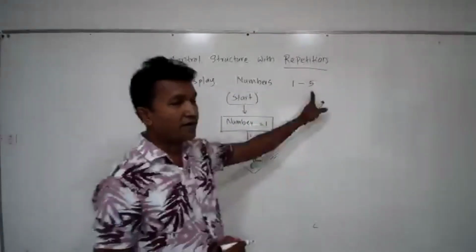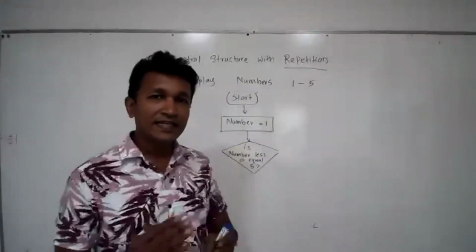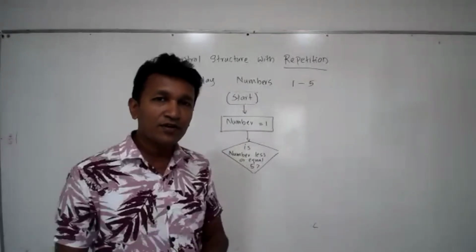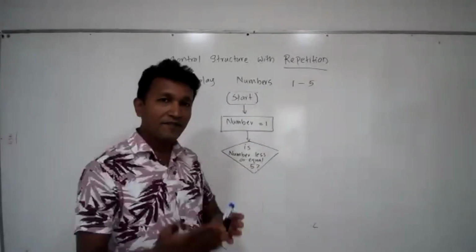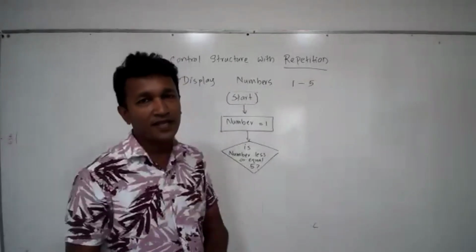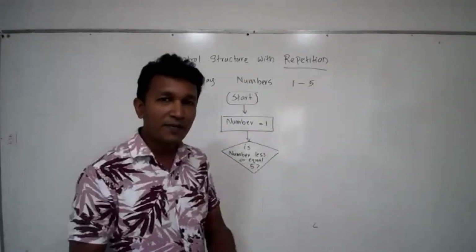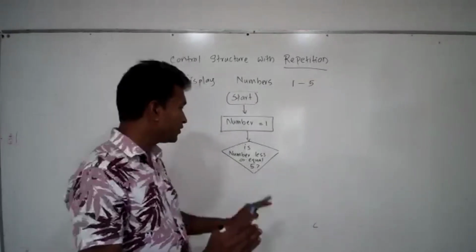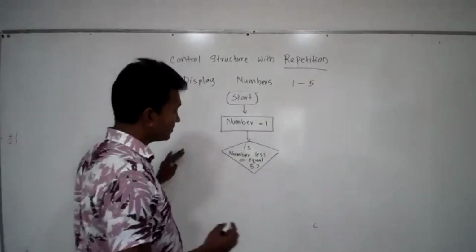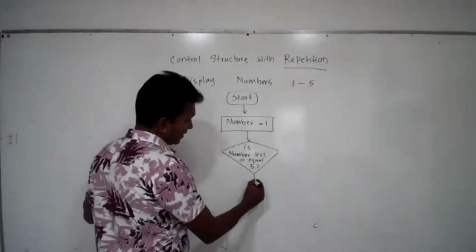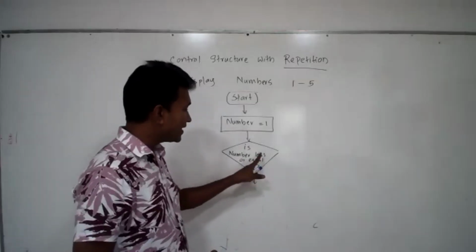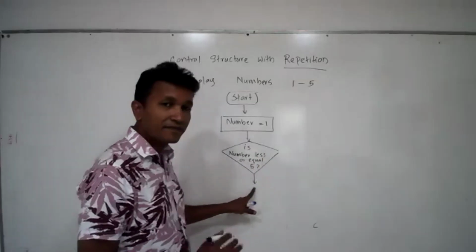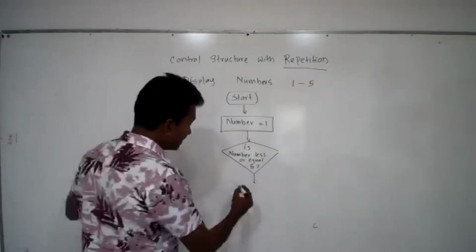So we have to go up to 5. Therefore, we check whether it is less than or equal to 5. If it is less than 5, we have to display. If it is equal to 5, we have to display. If it is not, that means more than 5, we have to stop the program, right?